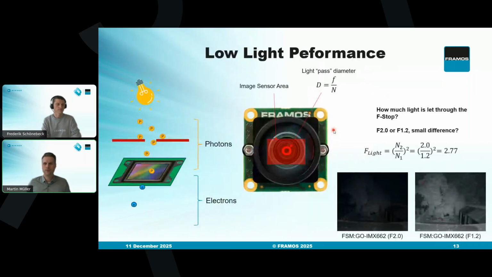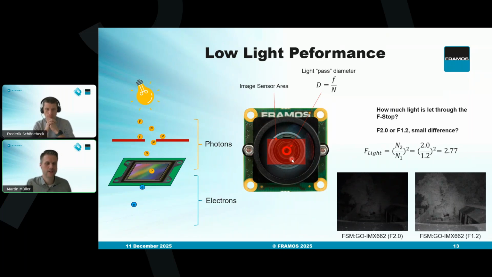Staying at low light performance, there's also one very important topic I'd like to highlight, and this is the lens, or more strictly speaking, the aperture or the f-stop of the lens. The aperture is like a diameter which only lets through a portion of the light to the image sensor. And this has optophysical reasons.